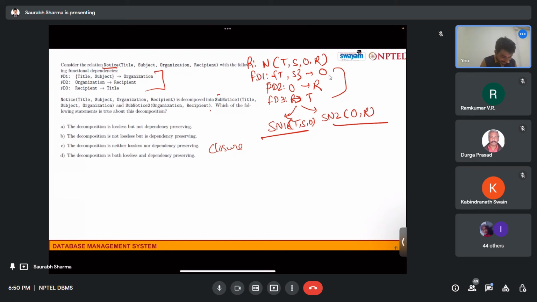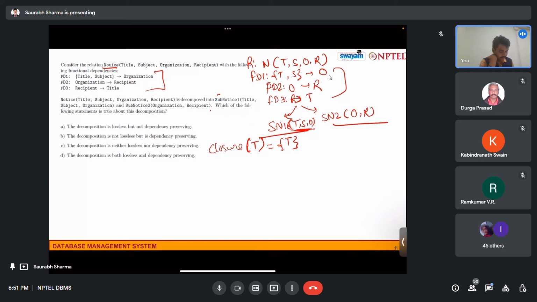So first, taking SN1, there is closure of T. What we will get from here: there is no attribute on the right side which can be determined individually with the help of T. So we have T only.